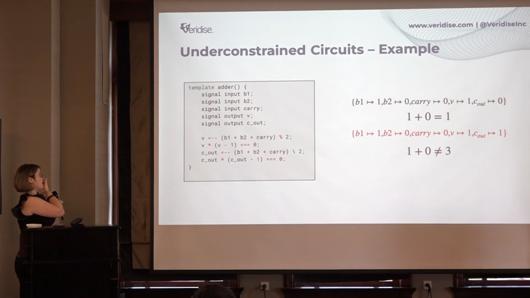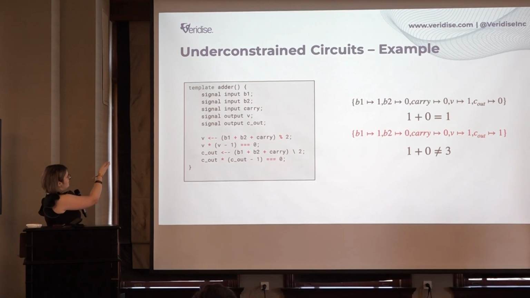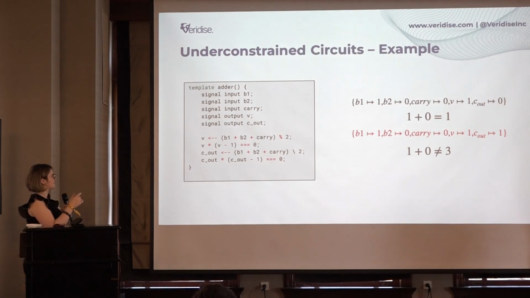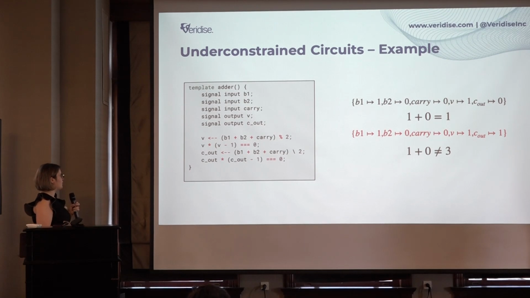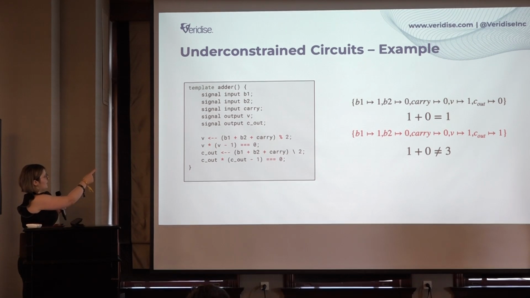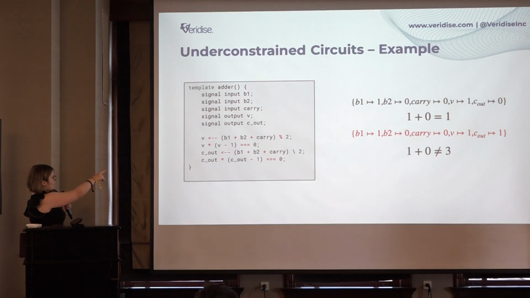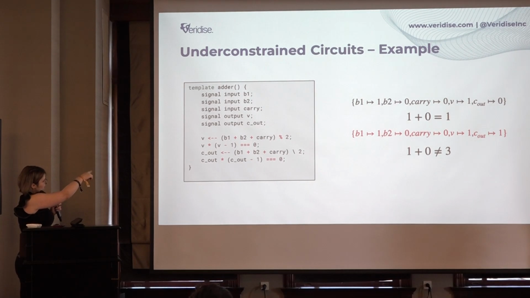So here on this slide, you can see an adder that takes in binary values and a carry, and it will output if the addition was performed correctly. On the right side, you can see the assignments, and for instance, on the first and the third line, we compute the computation part, and what you see with the triple arrow equal are the constraints.